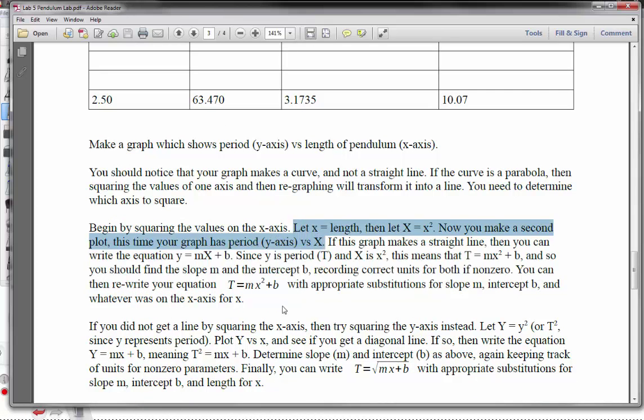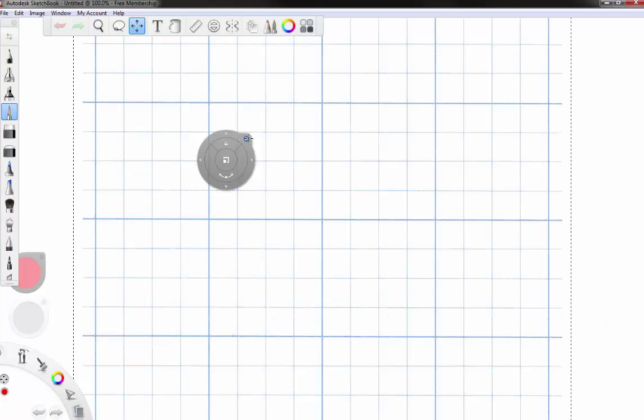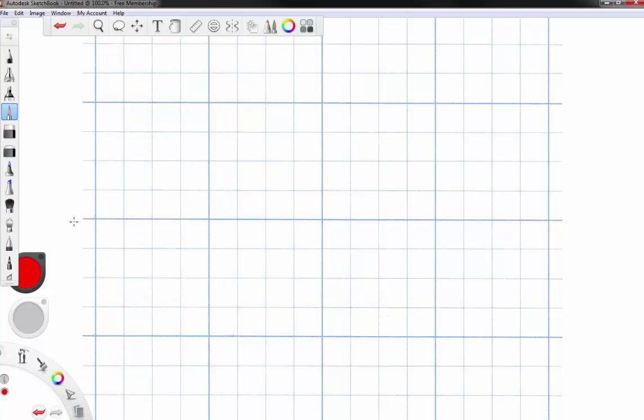So you're going to end up making two graphs. One of them is going to basically have on this axis period, or T, and on this axis you'd have length L. So this is in meters, this is in seconds.